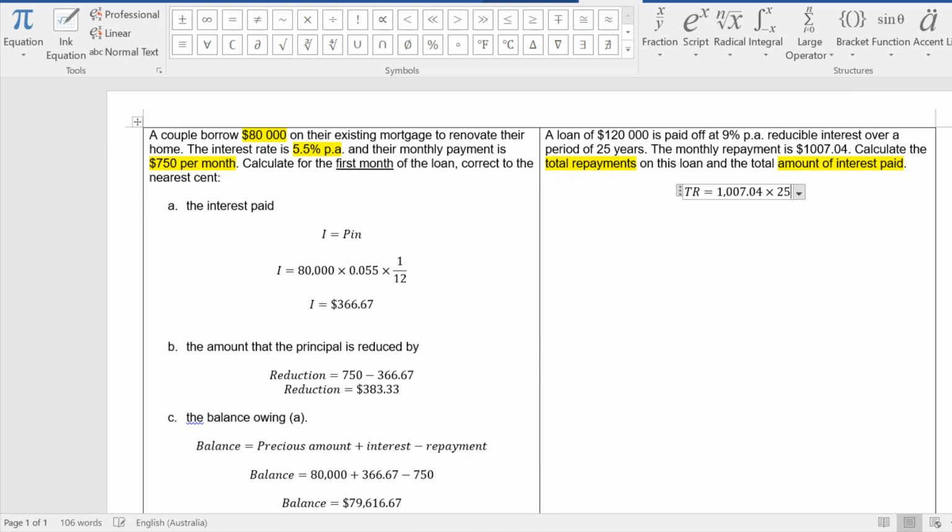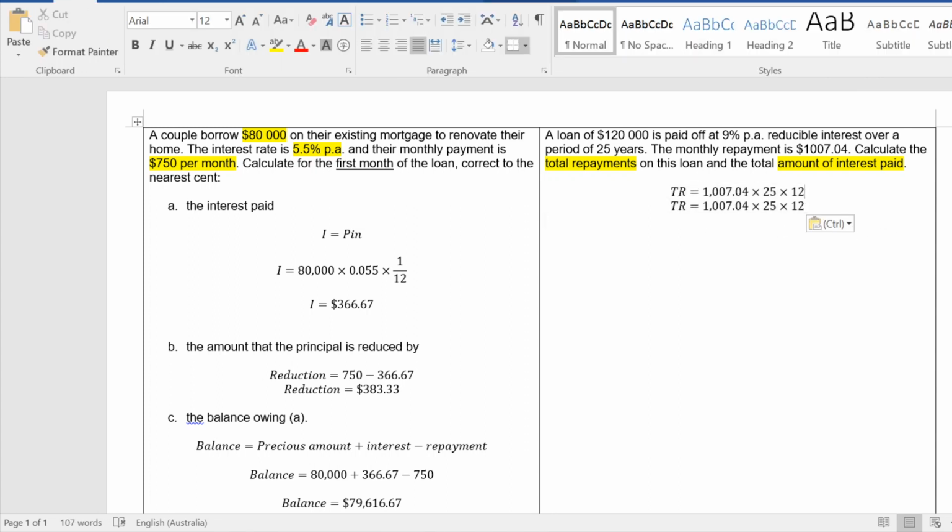Now, if you multiply it by 25 for 25 years, you'd be incorrect because that $1,007.04 is a monthly repayment. So there are 12 months in a year, so we just have to multiply it by 12. Okay, 12 months in a year over 25 years, that's going to give us our total repayments that we've made.